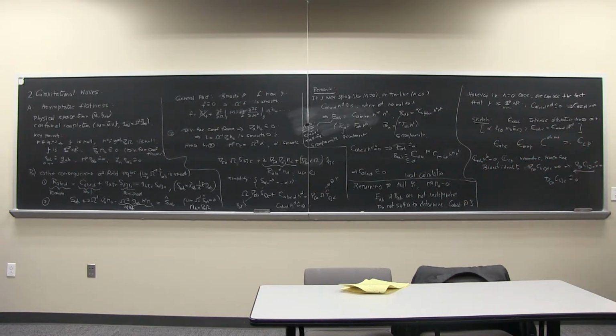What is C with two lower indices? Both cases, this is the same tensor. So the Bianchi identity implies that.